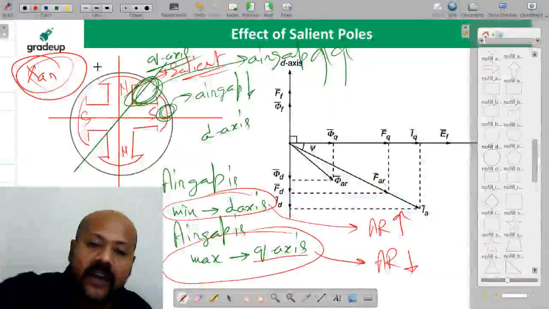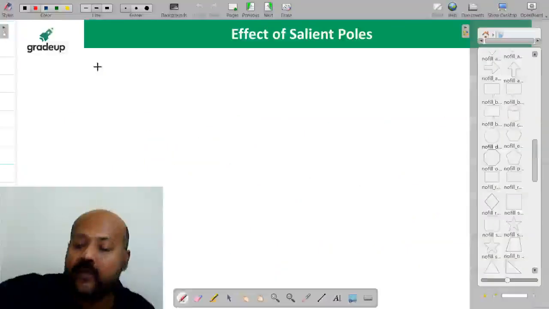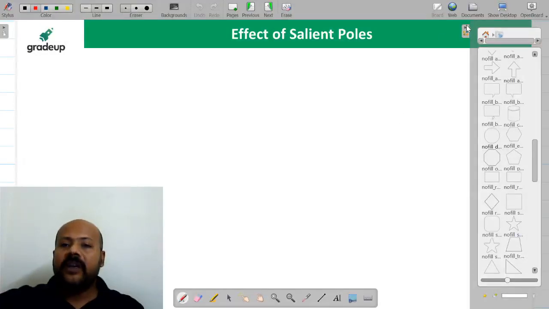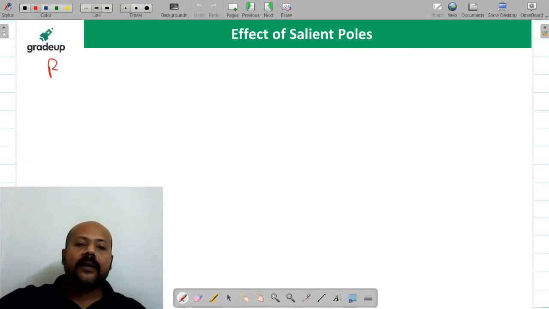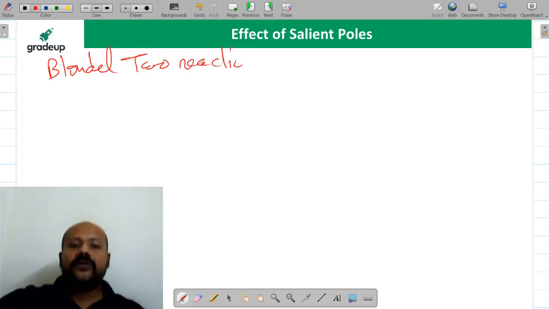So what are we going to write here? Very important point. Please write it here. It is very important. What is Blondel's theory? What is Blondel's two reaction theory?